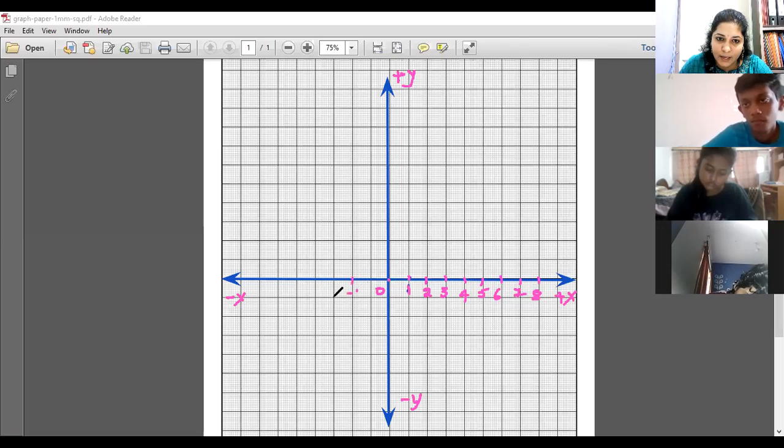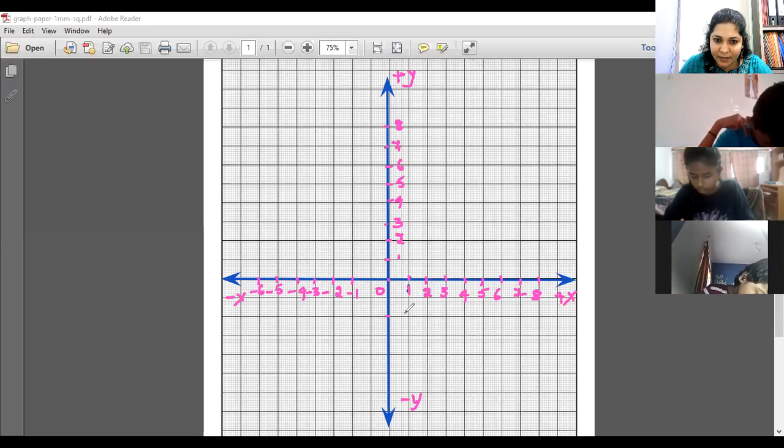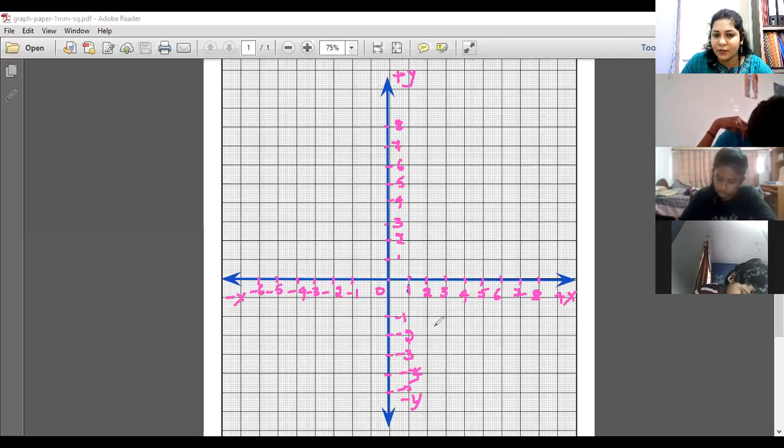Correct, this is -1, -2, -3, -4, -5, -6. Again, onto here it will be 1, 2, 3, 4, 5, 6, 7, 8. Correct, here it will be -1, -2, -3, -4, -5. So these things will be there.